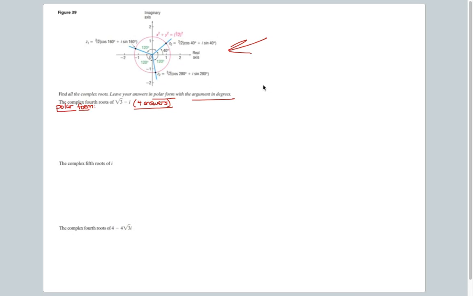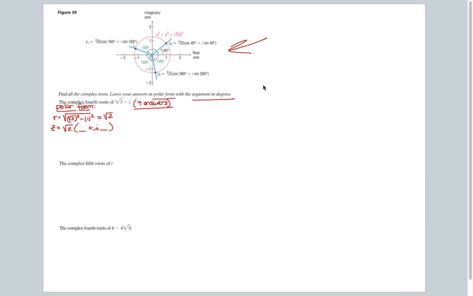So to get r, we are going to do the square root of the square root of 3 squared minus 1 squared. So that's going to be the square root of 3 squared is 3 minus 1 squared. That's going to be 1. So that's going to be the square root of 2. So that's our r value. So then we're going to write our polar form like this. I'll call it z. R goes here. And then we're going to need to get 2 numbers that would go here and here. One of them is going to have an i with it.